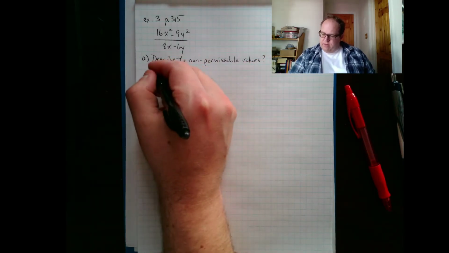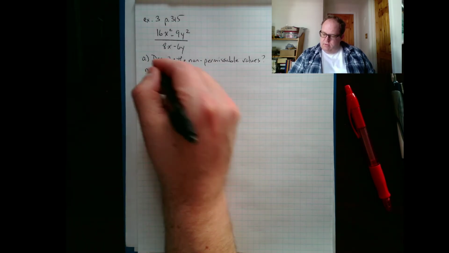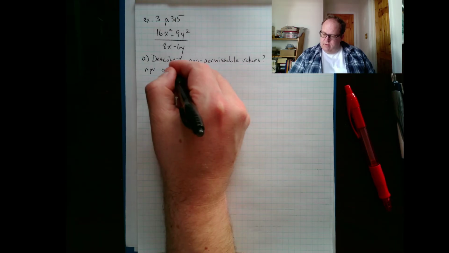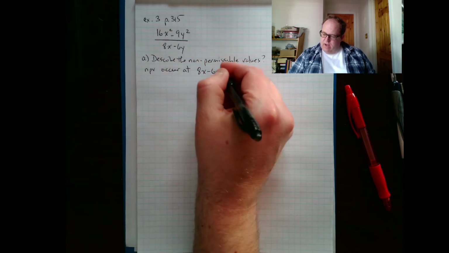Well, they're going to occur in the denominator, at 8x minus 6y equals 0.